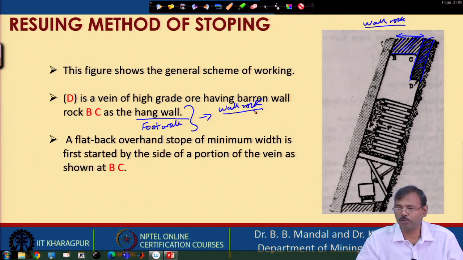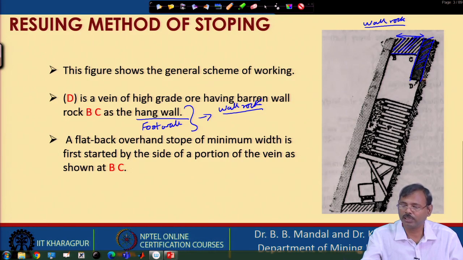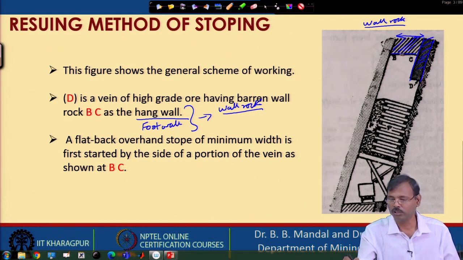Now, the importance here is that if you are excavating the foot wall rock instead of the hang wall rock, then your ore face will be a little bit ahead of the foot wall rock. If you are excavating the hang wall rock, your hang wall rock face is a little bit in advance of the ore body.